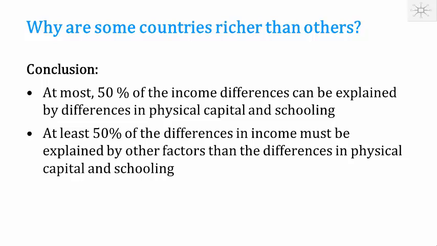And that leaves about half the income differences to explain by other factors than capital and schooling. And of course, we may also ask, why is it that countries do have different levels of capital and schooling? So this analysis leads to a lot of questions about how there can be so large income differences between countries.